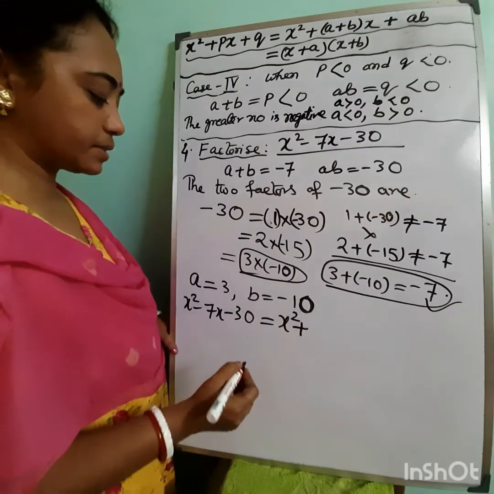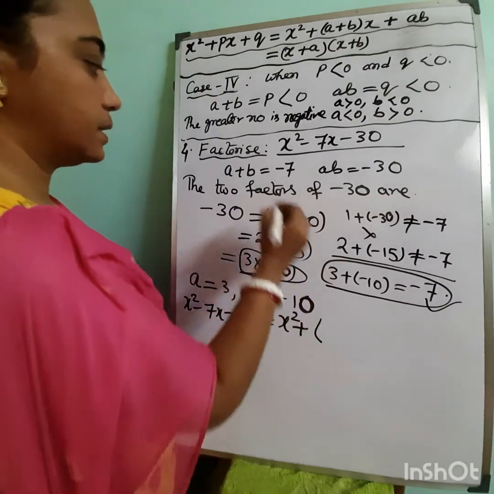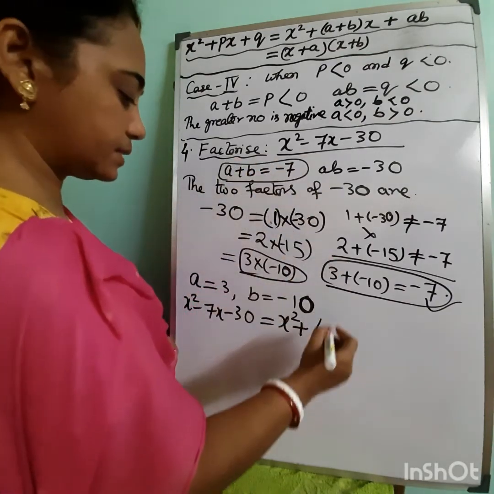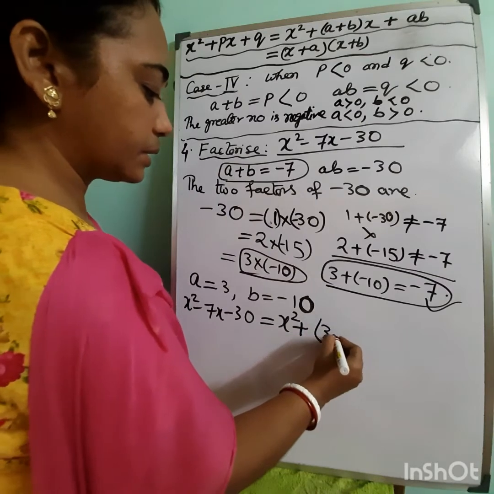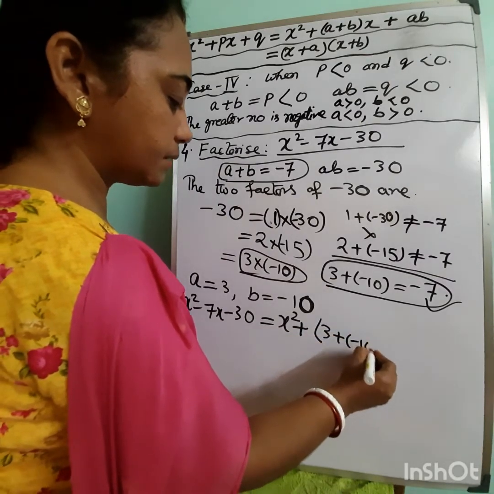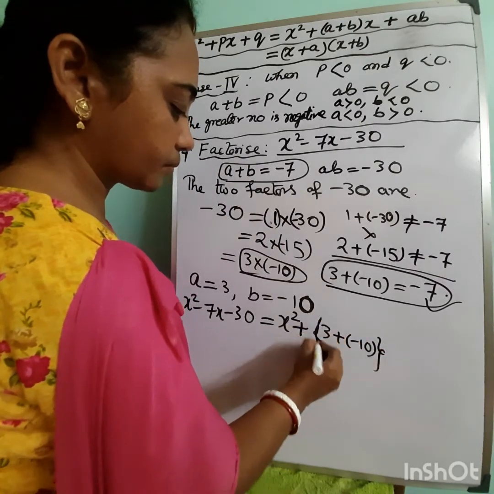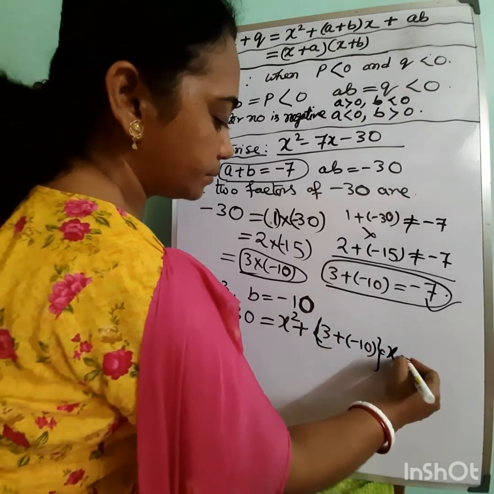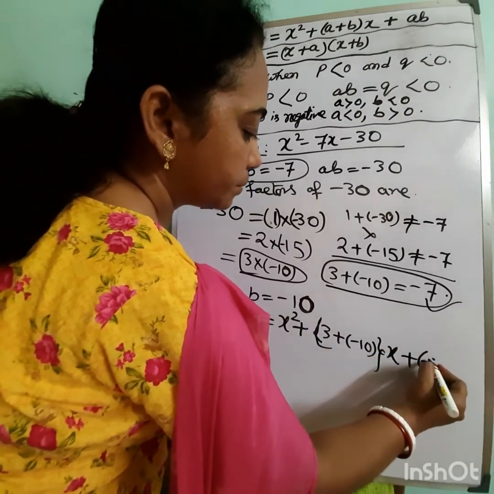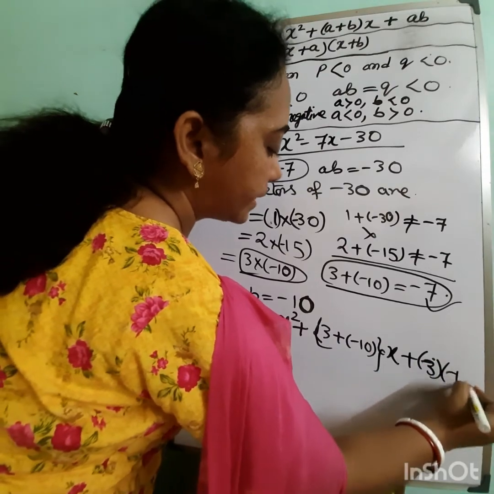In place of minus 7 we will write in this form, that is a means 3, then plus minus 10 x, then minus 3 multiplied by minus 10.